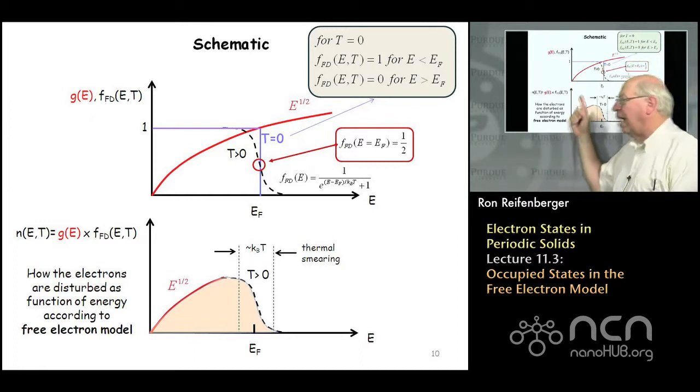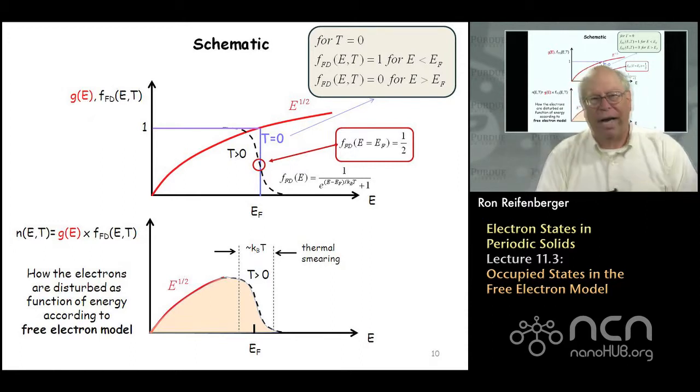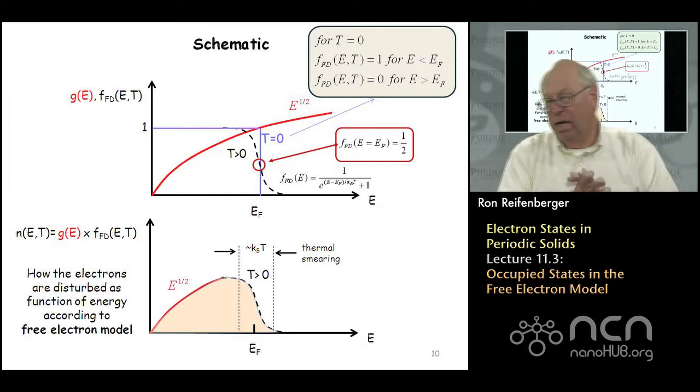It's important to realize that independent of temperature, the Fermi factor is equal to 1/2 whenever the energy E is equal to E sub F. That's pretty easy to see because when E is equal to E sub F, the argument of the exponent is 0, and that means e raised to the 0 power is 1, and 1 plus 1 is 2, so the Fermi-Dirac distribution function is always equal to 1/2 when the energy E is equal to the Fermi energy.